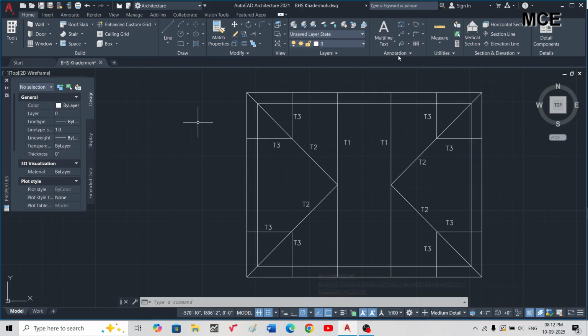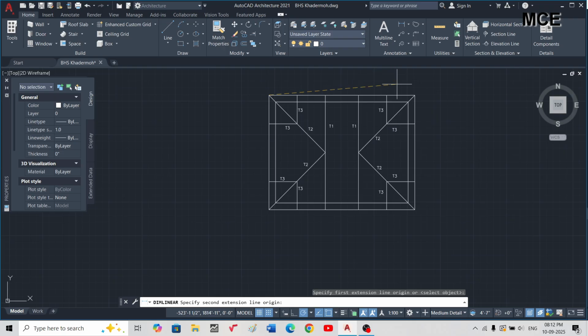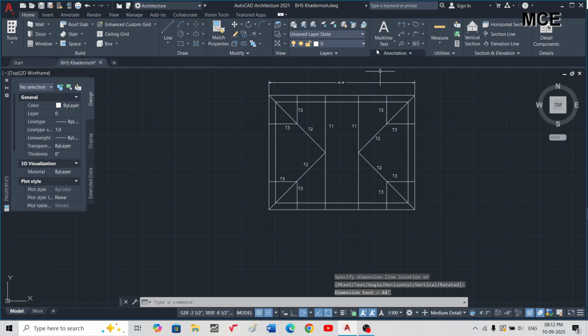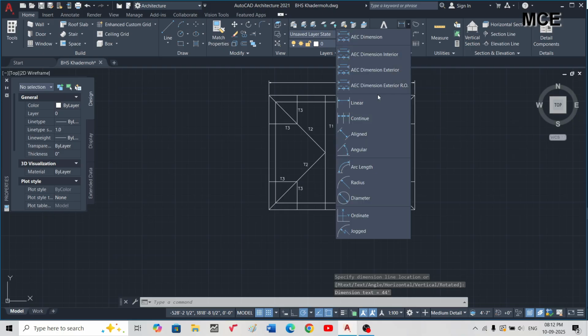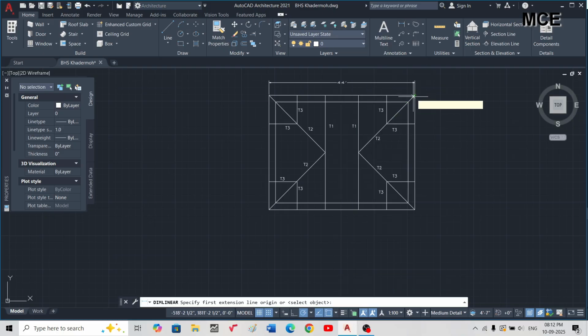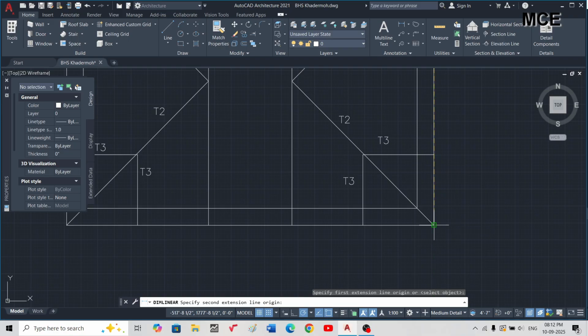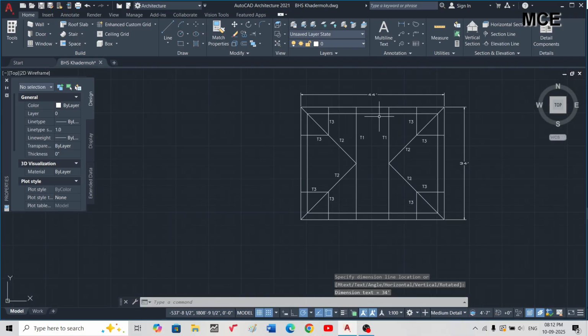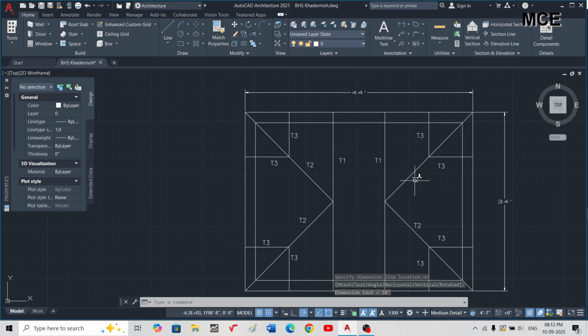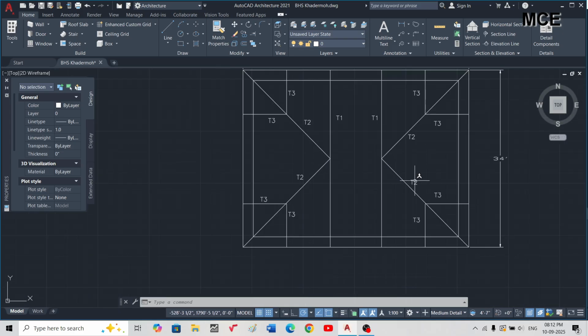You can also add dimensions to this truss plan. 44 feet on the length side and 34 feet on the breadth side.